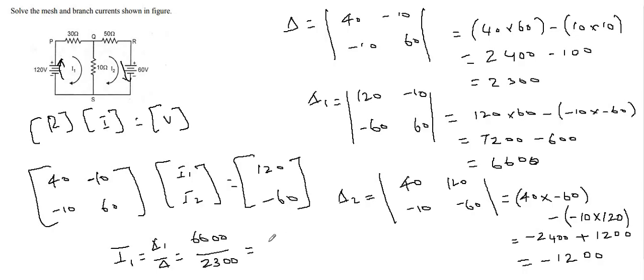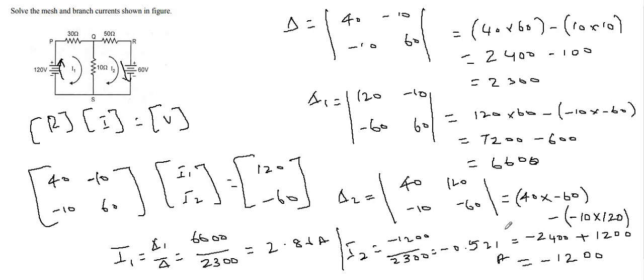So it is 2.86 ampere. And I2 is minus 1200 divided by 2300, that is minus 0.521 ampere. So in the inspection method and by the equation method we get the same answers. Thank you.